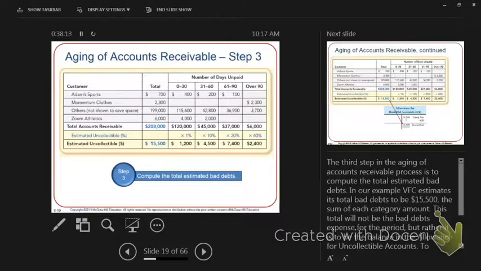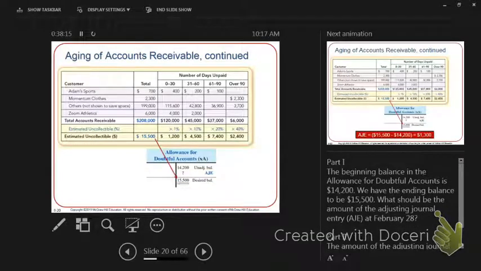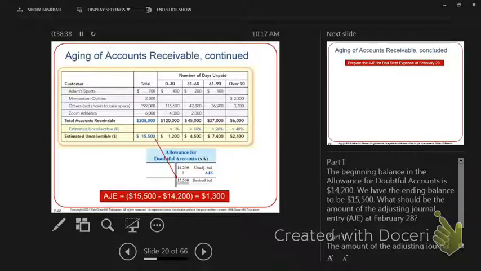All right, the unadjusted balance was 14,200. We want it to be 15,500. So our difference would be 1,300. Sorry, second guessing myself. Wait. Isn't it? Yeah. Okay.